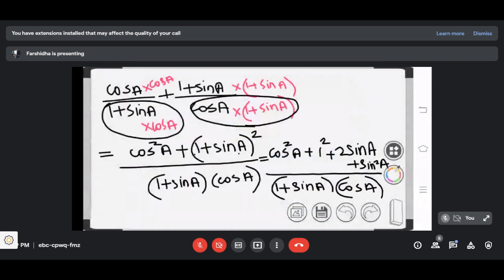Then the next step will be 1 plus, here you have 1 square. Again 1 plus, these two got cancelled. Cos square A plus sin square A equal to 1. Then what is remaining? 2 sin A. So 1 plus 2 sin A divided by 1 plus sin A into cos A.